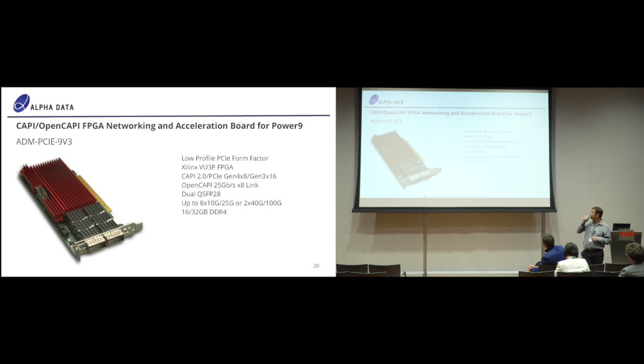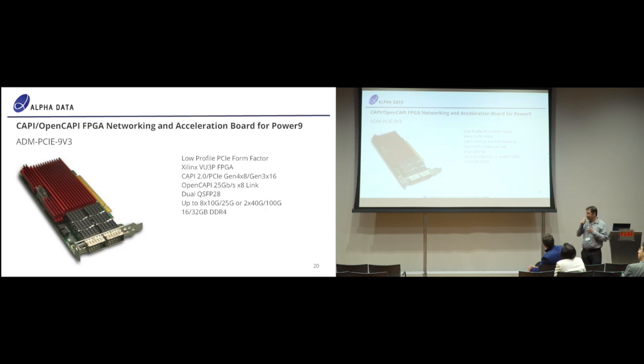And this card here is the ADM PCIe 9v3. It's based on the Virtex UltraScale Plus VU3P device. This has got the 28 or 32 gig capable transceivers, and therefore is capable of running either 25 gigabit per second on each single link coming out of the QSFPs, or as a full 100 gig link using all 4 lanes in each QSFP.